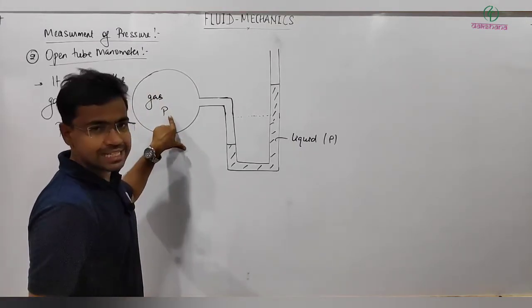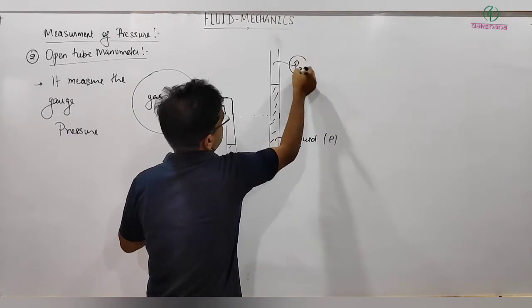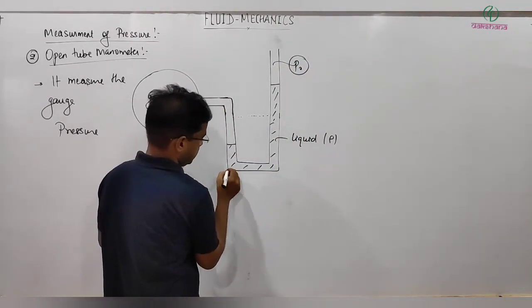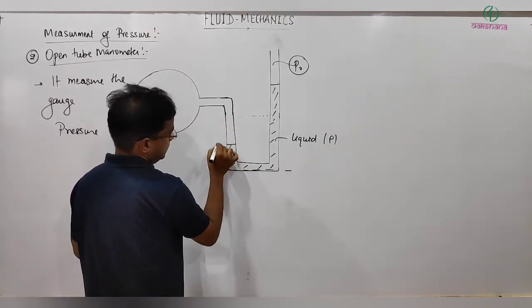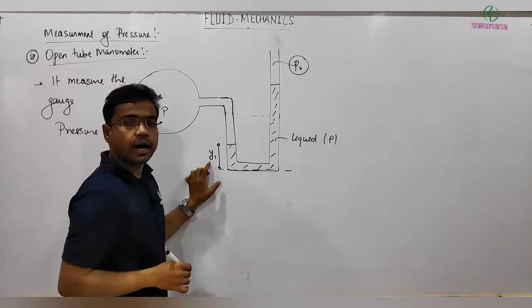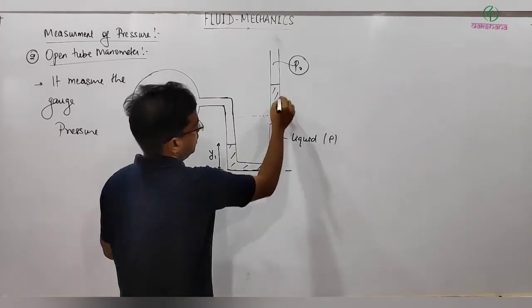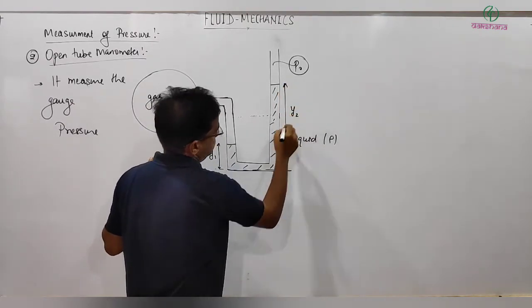Let's say the pressure inside this container is P, and this arm is open to the atmosphere, so the pressure will be P naught. Now you can see this height, with this as the bottom. Let's say the height of the liquid column in arm 1 is y1, and in arm 2 it is y2.